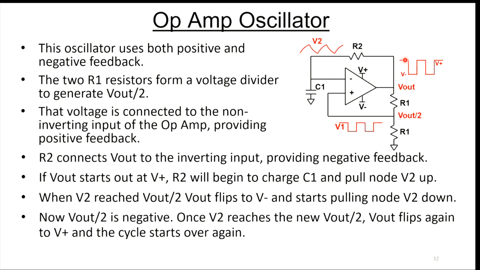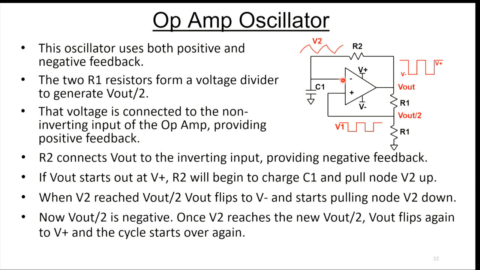Let's say the output starts at plus 5 volts. Then Vout over 2 is going to be at 2.5 volts, and you're going to start charging C1 through resistor R2. That's why you can see this waveform rising. This is going to rise up until it reaches the 2.5 volts.